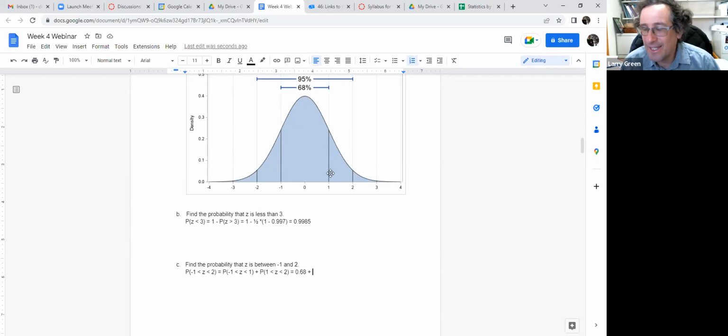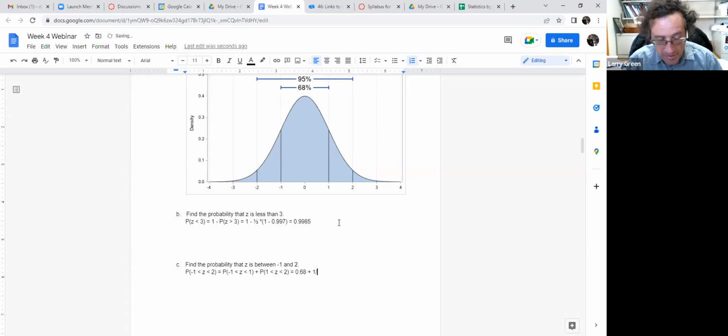Okay, the idea is you do the same thing that we just did before, is use symmetry. 1 to 2 is going to be half of -2 to -1 plus 1 to 2. But if I take this piece plus this piece, that's going to be -2 to 2 minus -1 to 1.